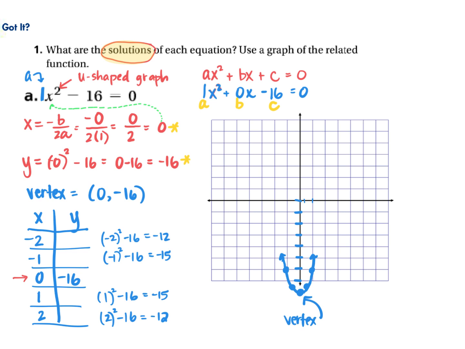A solution is where your graph will eventually cross the x-axis. Just because we haven't crossed the x-axis yet doesn't mean that this graph won't eventually cross the x-axis, and it will. You just have to extend the graph far enough. It's not like this graph just stops. This graph continues. So we need to extend this graph farther.